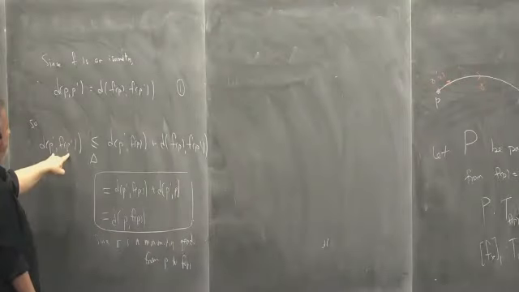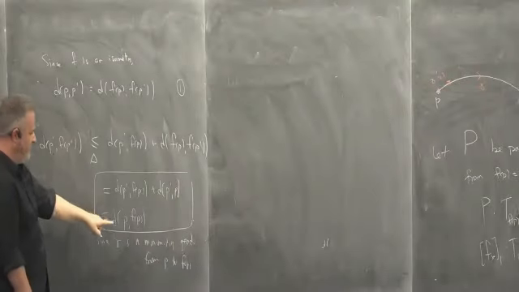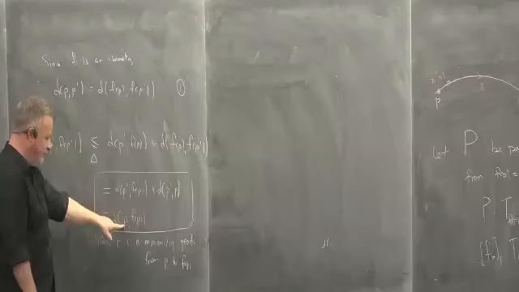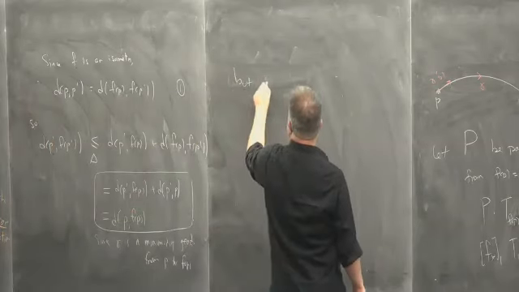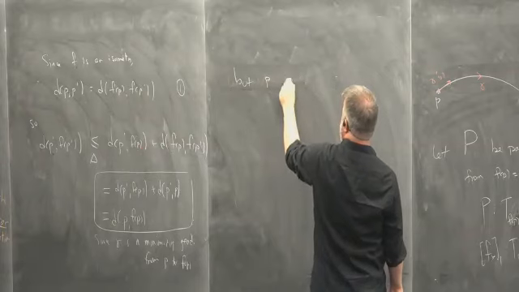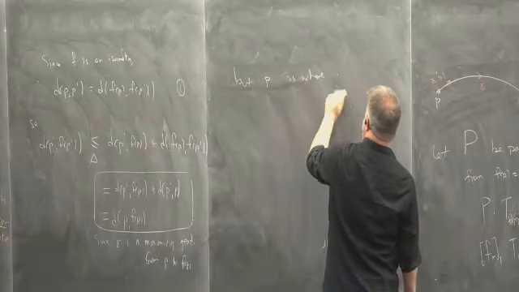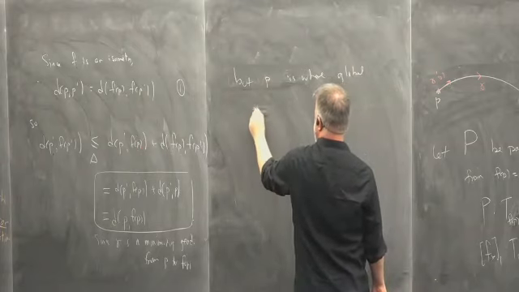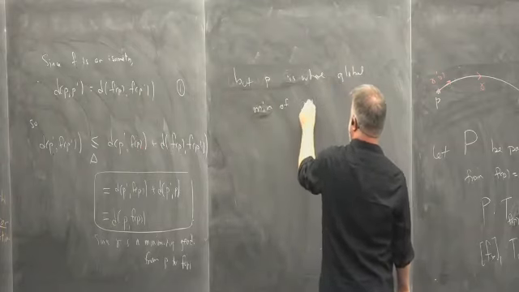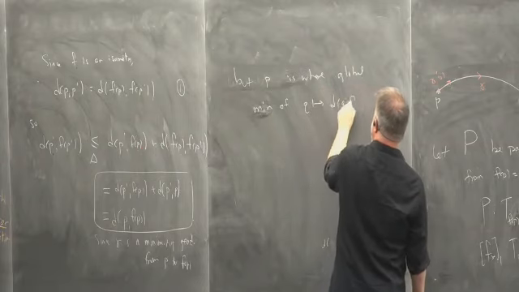But now I've shown that this is less than or equal to this distance. But P was chosen to achieve the global minimum of the function Q goes to D of Q, f of Q. P is where the global min of Q goes to D of Q, f of Q is attained.